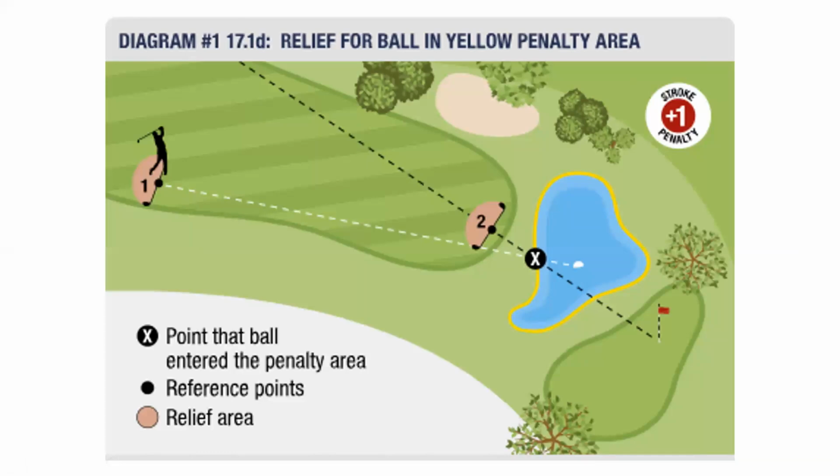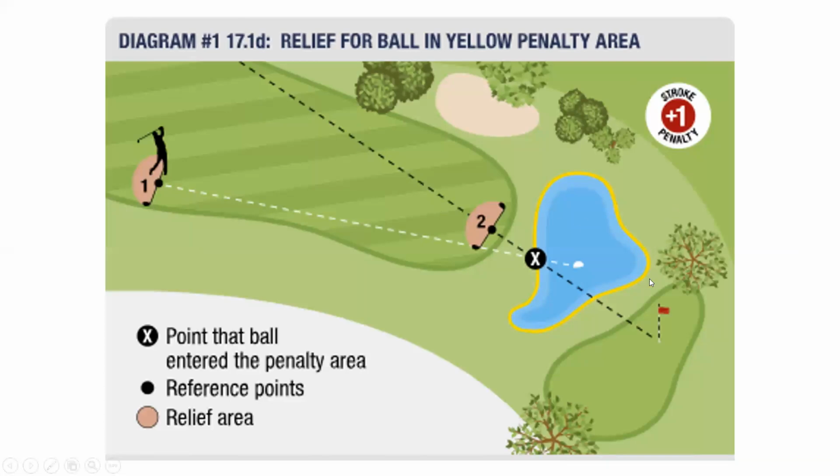Okay, it hit a tree between the front of the hazard and the flagstick. It hit a tree on this side. I'm using my pointer, and I know you can't see. Okay, and it went back into the hazard. Where's your reference point? And you have to keep the hazard between you and the flagstick. So let's use this example.